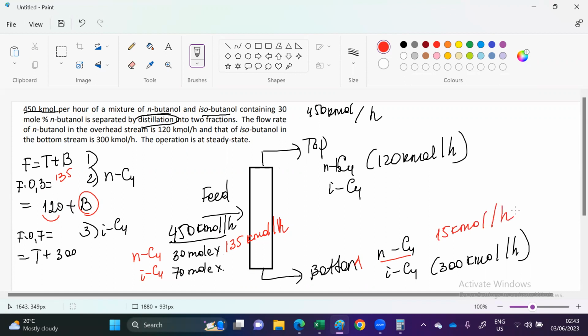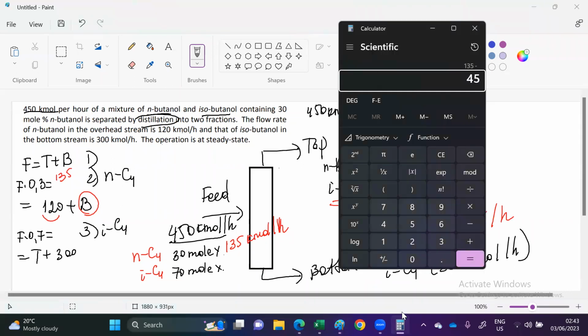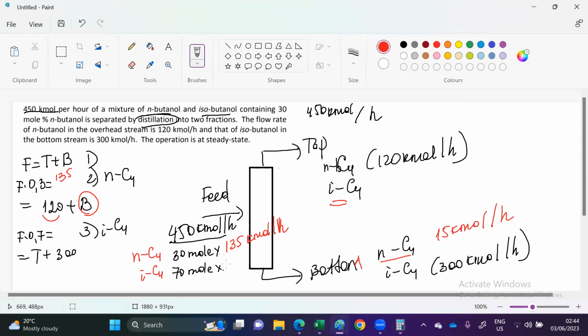Yes, we have already done like in the bottom stream the benzene balance. Next, we can find the isobutanol. So the remaining one will be our isobutanol in the feed, 315 kilomole per hour. Okay, and we said that 300 is given here.